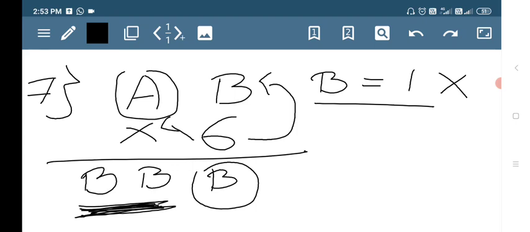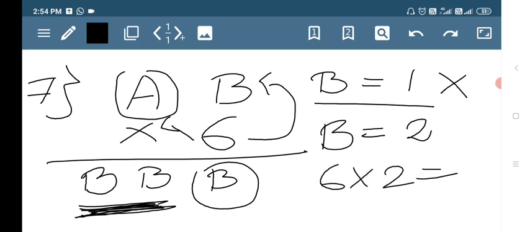So now next let us take B is equal to 2, then 6 twos are 12, isn't it? So again it is ending with 2. Is that possible? So we will get a carry 1 here.